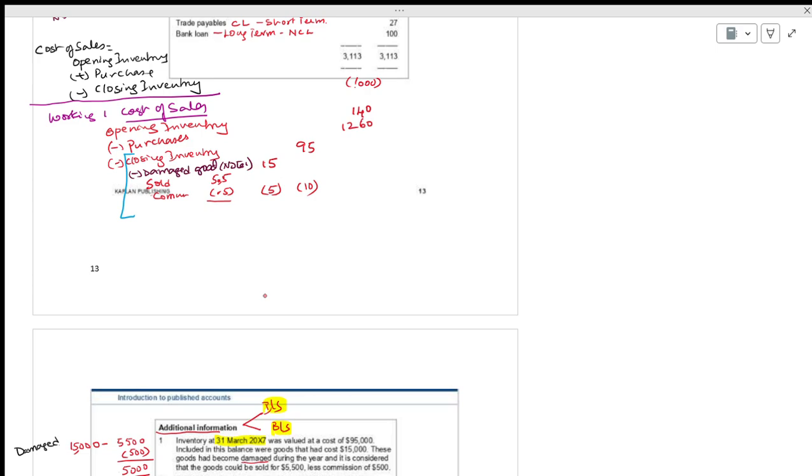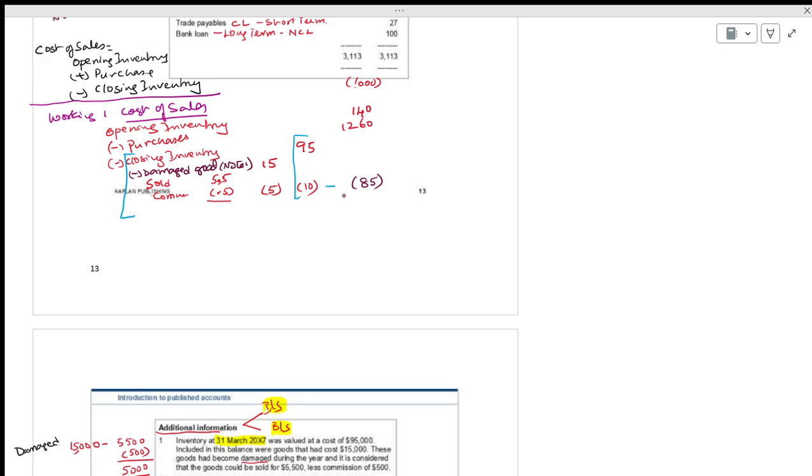Now see, this only we have to take. If you take this much only, closing inventory will be how much? Closing inventory 85. Are you clear about this? Again I will say closing inventory is 95. On this inventory there was damage of 15,000. They have sold it. Definitely you have some stock which has been damaged.